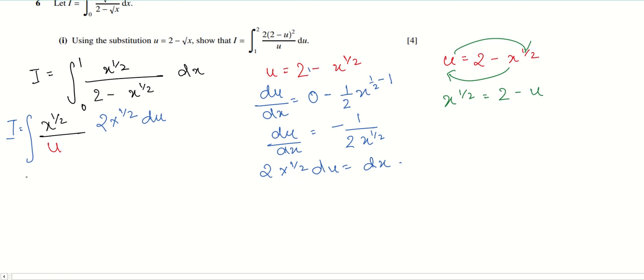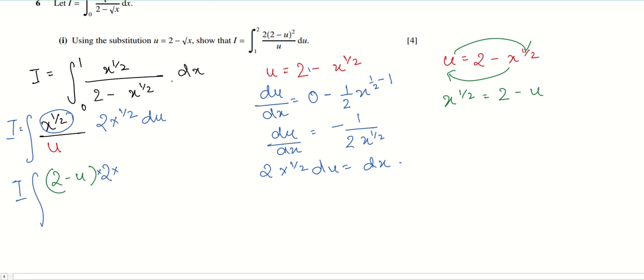So basically, instead of x to the power of 1/2 in this one, you can write 2 minus u. All right. And you have the 2 here, right? Keep it there. So multiplied by 2, just keep it there, it's fine.